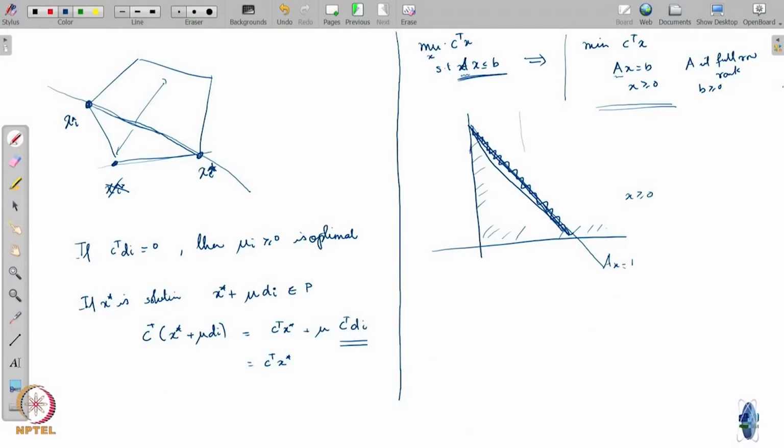This sort of set can also be unbounded. It is possible, for example, that Ax equal to b is aligned like this with the axis, in which case it will be unbounded in this direction. It is not a bounded set. But one thing is for sure: eventually, it cannot happen that it does not hit any of these axes. It will hit one of those n different axes.